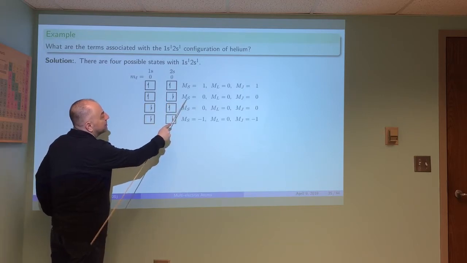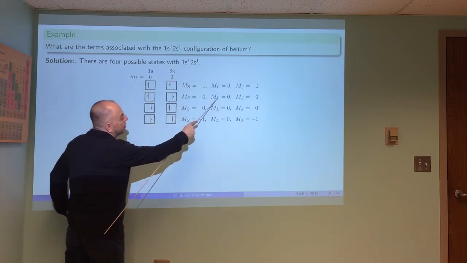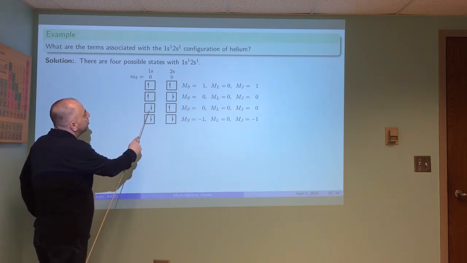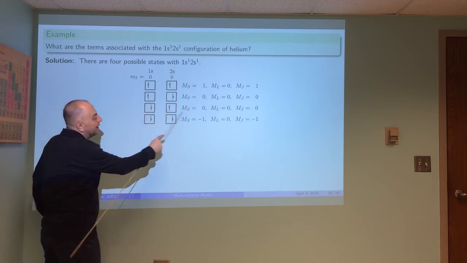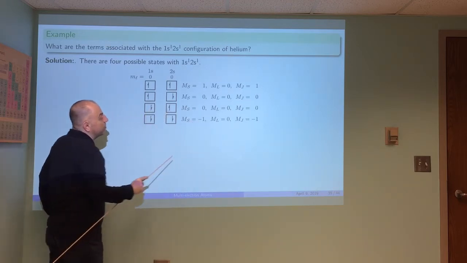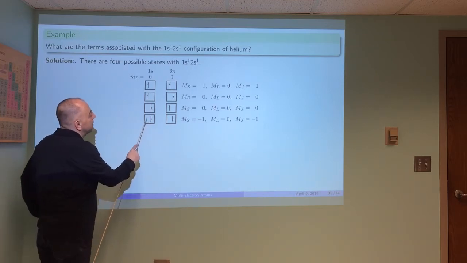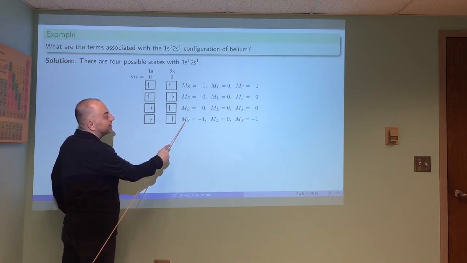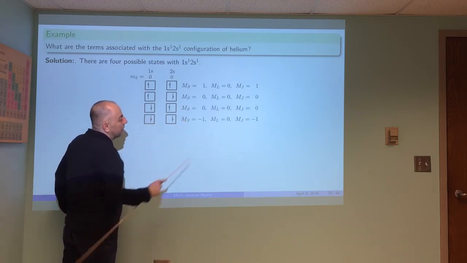That gives us a total M sub S of 0, and of course M sub L is also 0. Then the next possibility, down in 1s and up in 2s, again gives us M sub S is 0, and M sub L is 0. And the last possibility is down in 1s and down in 2s. That gives a total M sub S of minus 1, again with M sub L equals 0.